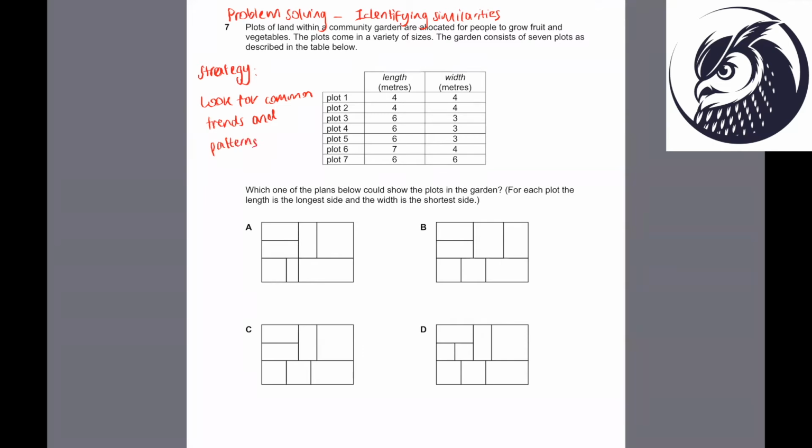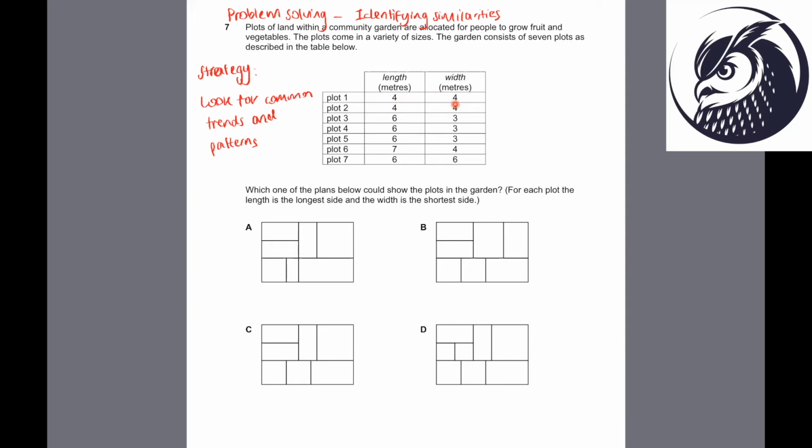So let's have a look at the actual table we're given. When you start by looking at it, you notice plot 1 has a length of 4 meters and a width of 4 meters. So the length and the width are the same. What does that mean, guys? That is a square, is it not? A square has both the same length and width. Then we go on to plot number 2.